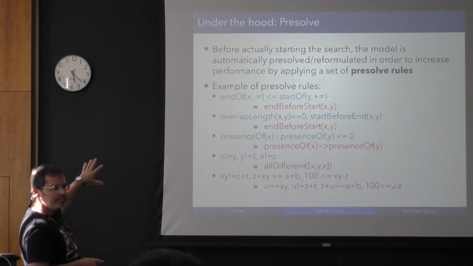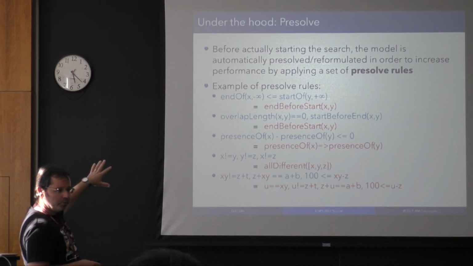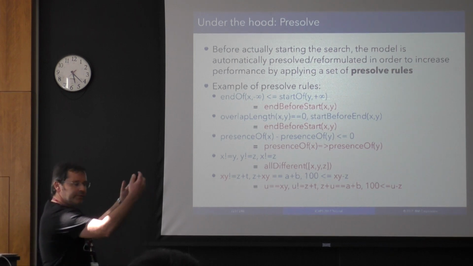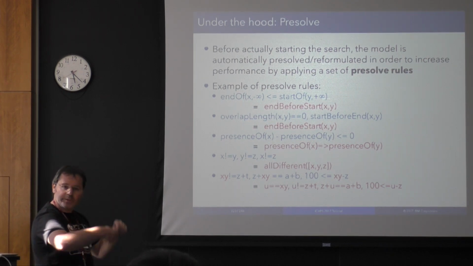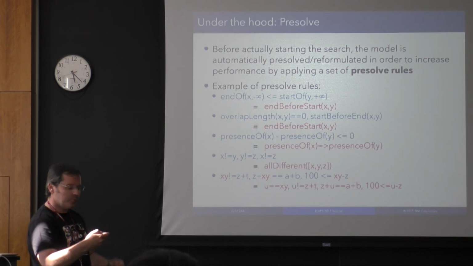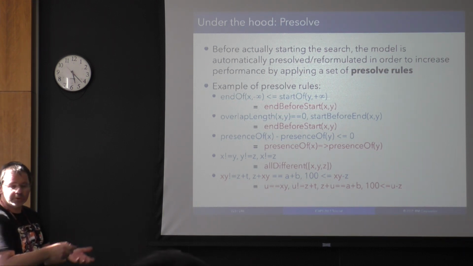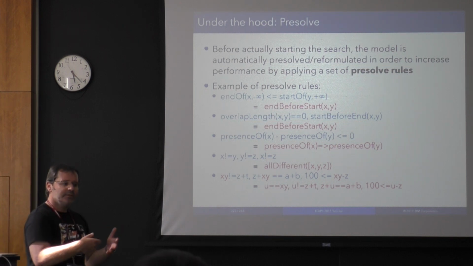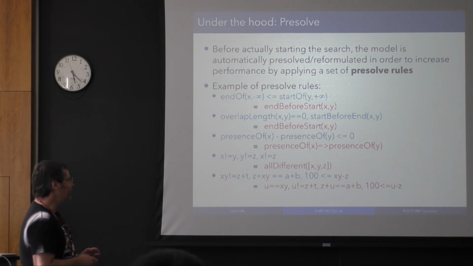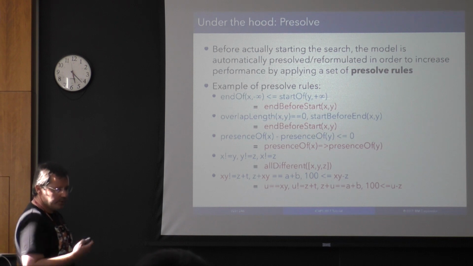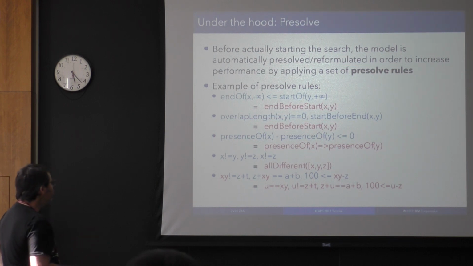I give here a very simple example of very simple presolve rules. When you have extracted the problem, we apply this set of presolve rules to reformulate the problem. But okay, if you have a constraint like this, end of x is lower than start of y, then this will be reformulated into endBeforeStart. This type of constraint is specific in the problem, so it is very well handled, and it's better to have this formulation.